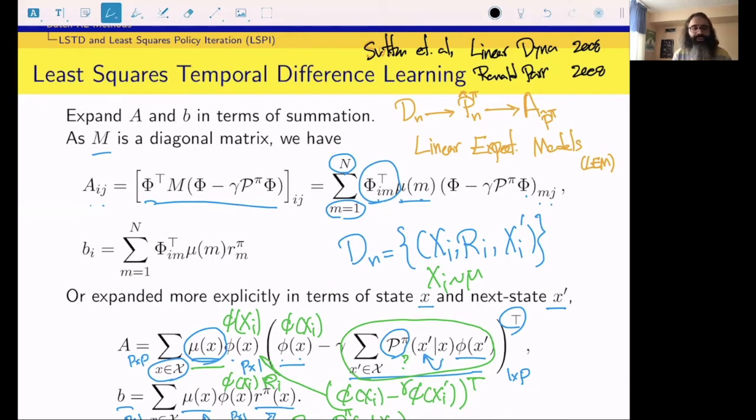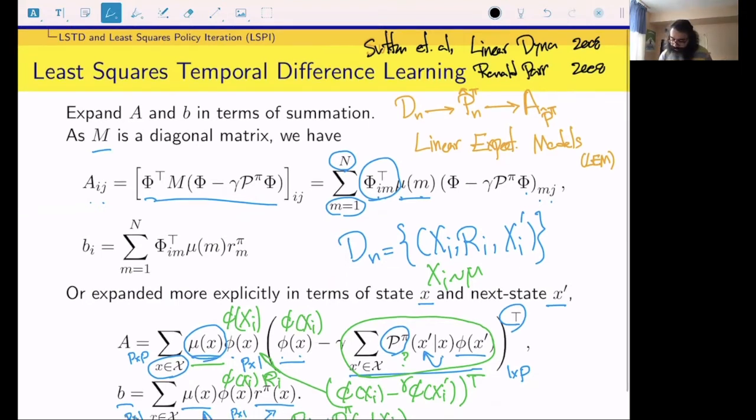Okay, thanks for the link. So this is interesting because there is this connection between LSTD and model-based approaches, that they are implicitly building a model.